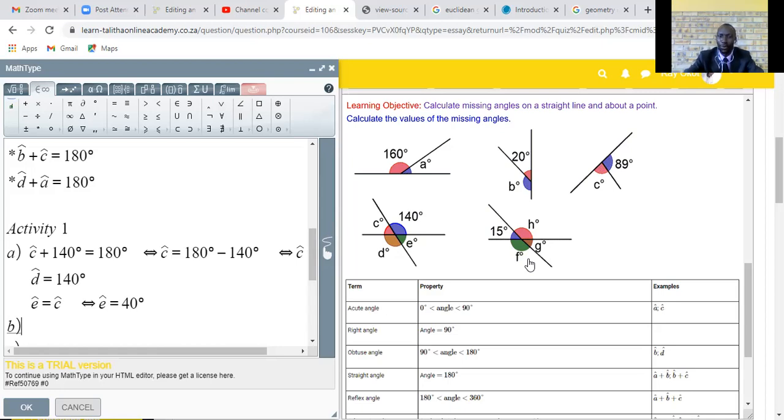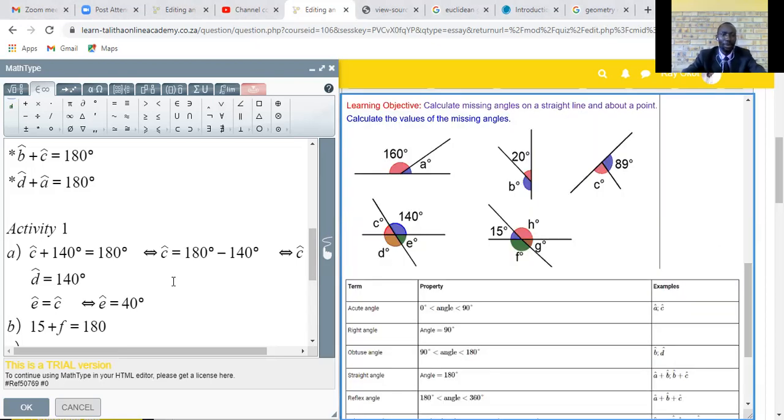And we do know the value of this angle, which is 15 degrees. And so to find the value of F, we would say 15 degrees added to F should give us 180 degrees.